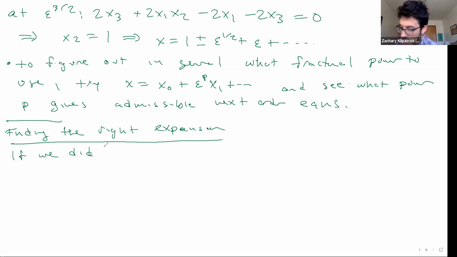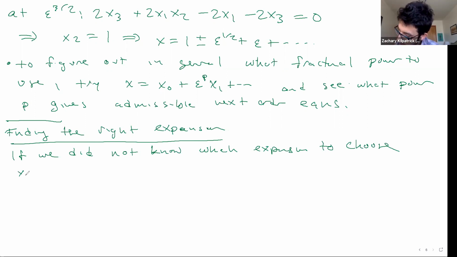So the idea is if we did not know which expansion to choose, the idea in general is that we could pick x equals 1 plus delta 1 times x1. I'm just calling it delta 1 because I'm pairing it up with x1.